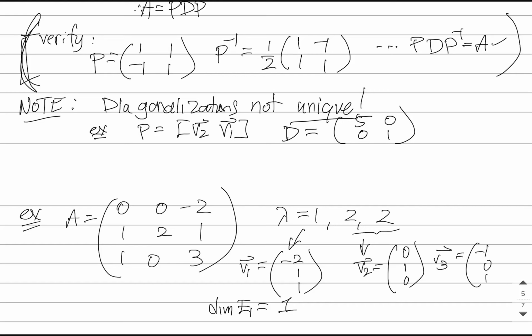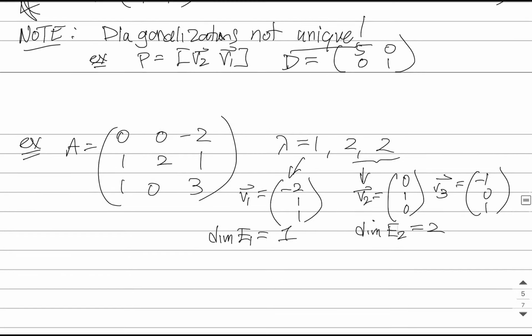We also found a theorem last time that said that any vectors that come from distinct eigenvalues have to be independent of each other. These two form a basis, they are independent of themselves, so the whole mess is independent.